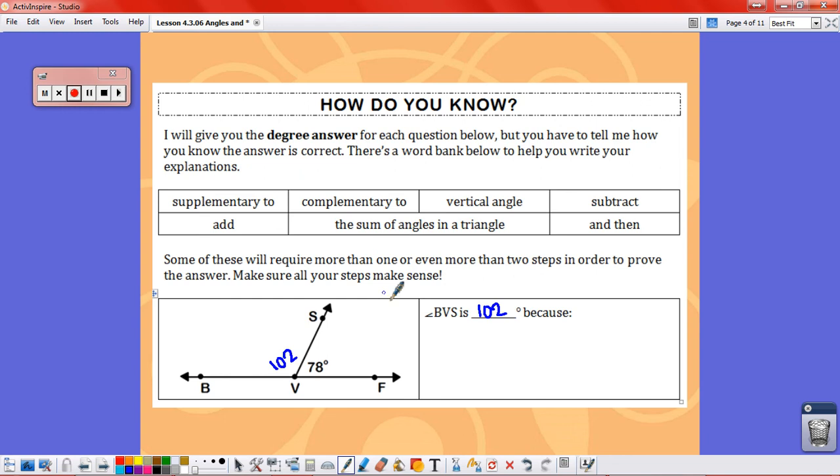But the answer here is just that these are supplementary, and I'm going to write this in shorthand so it doesn't take forever, but they're supplementary angles. And 180 minus 78 is 102.